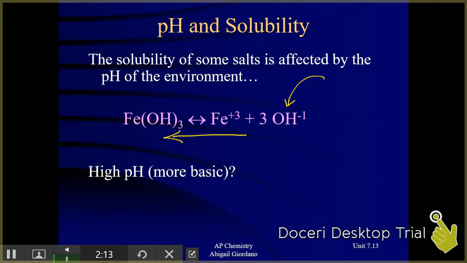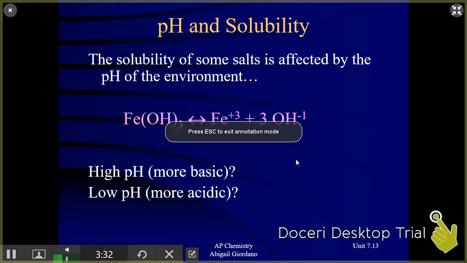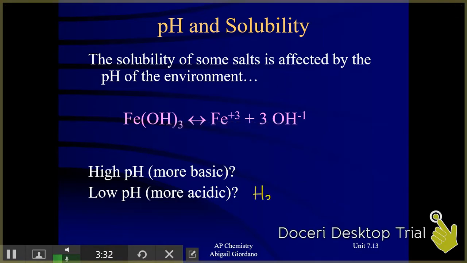That's very much like what we looked at in our last unit, the common ion effect. But what if it's the opposite? What if it is more of an acidic environment, which again, if you're remembering from your foundations of chemistry, means that there is lots of H+, or to be a little bit more formal, there's lots of this ion floating around.